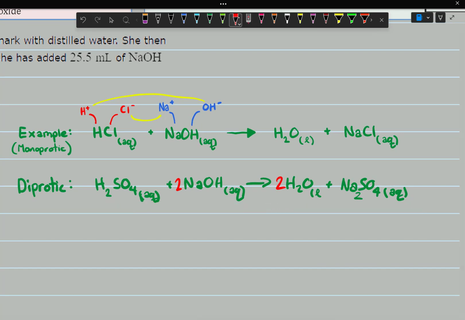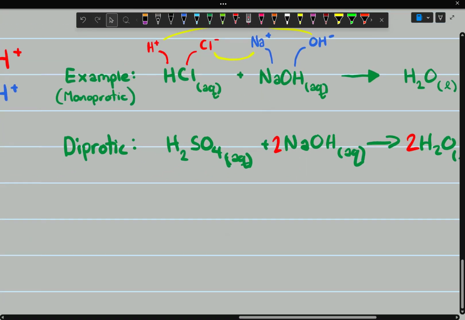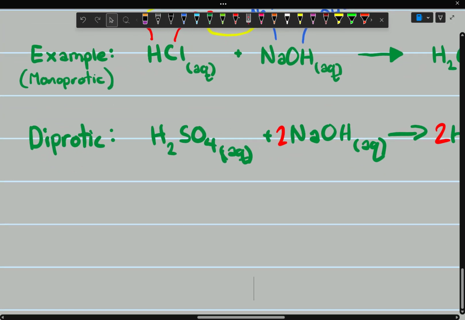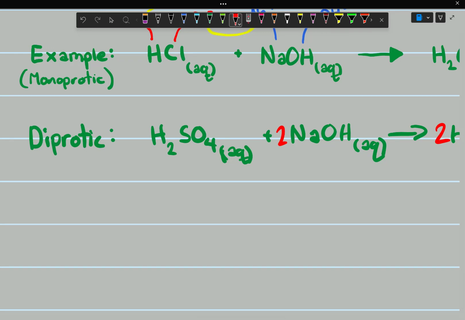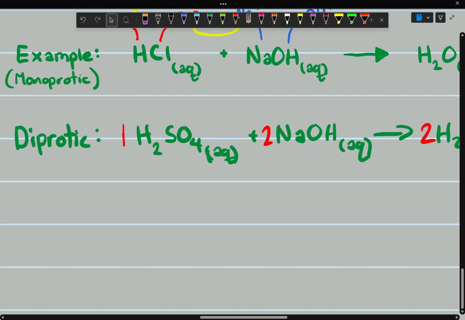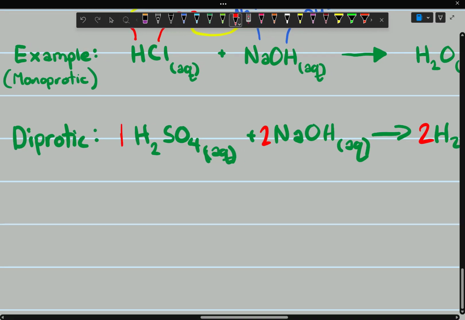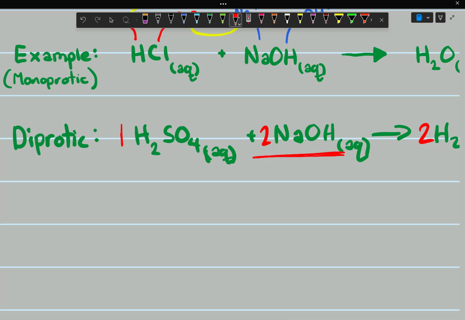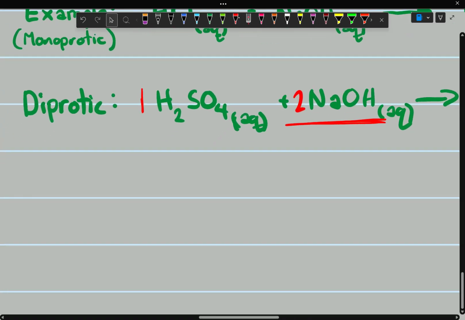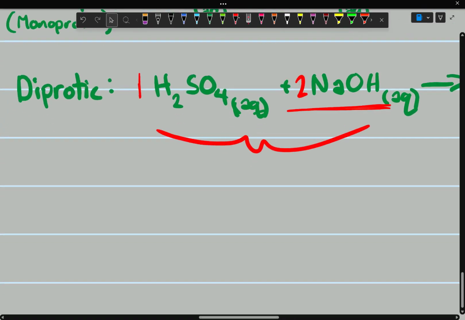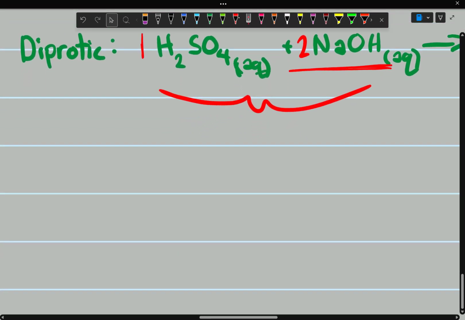So the whole point of this that I want you to notice is that for a diprotic acid, in this equation, for every 1 mole, because you can write a 1 out here, right? We use 1 mole of this diprotic acid. For every 1 mole of this diprotic acid, we use up 2 moles of our NaOH. So this gives us a mole ratio.